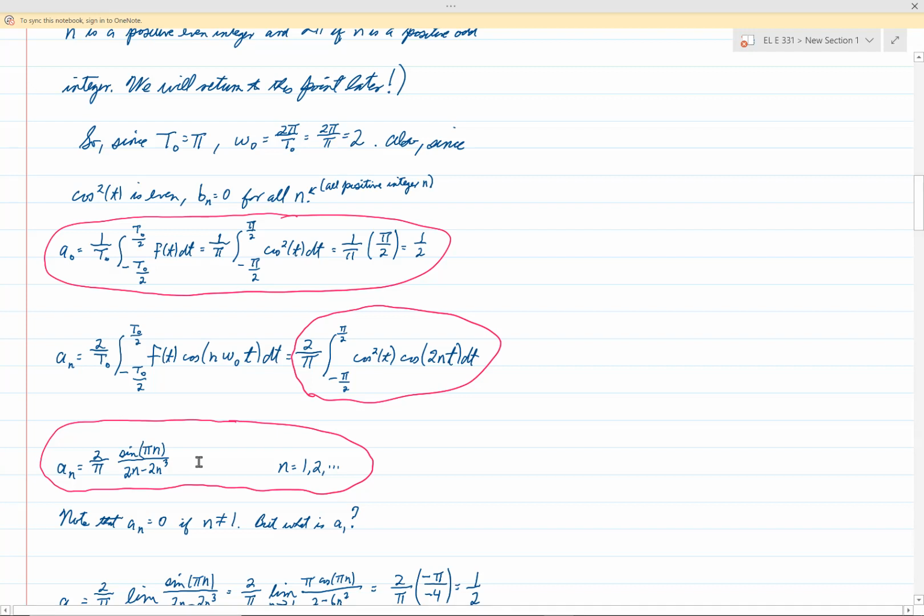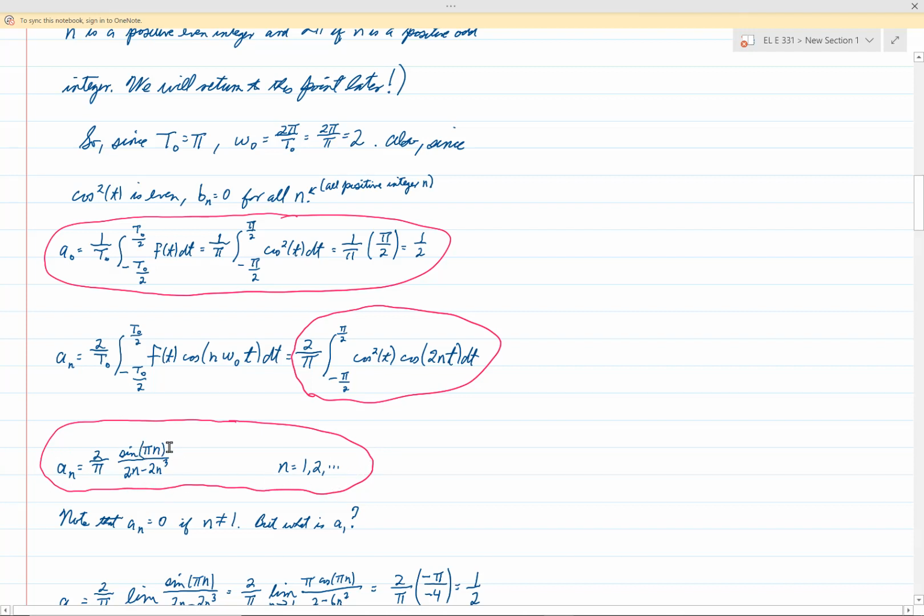Now, the first thing that you notice is this sine pi n term in the numerator. In a previous problem we did in lecture 21, we observed that sine of pi n is equal to 0 whenever n is a positive integer. So your first inclination might be to say that all of the a n's here are equal to 0, because after all these are positive integers.